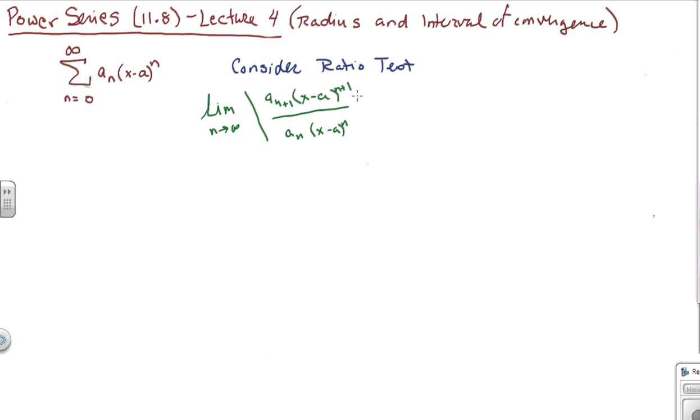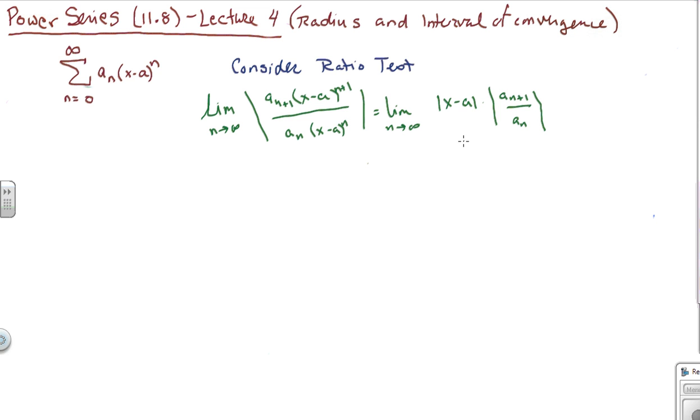And of course that simplifies, right? That simplifies to the limit as n goes to infinity of, well, in this case, I don't know if the a sub n's are positive or not, so I'm going to leave an absolute value, but I can cancel an x minus a to the n, so I just get one x minus a left, and then times this ratio, a sub n plus 1 over a sub n. And when I do that, well, this x minus a is really independent of n, right?